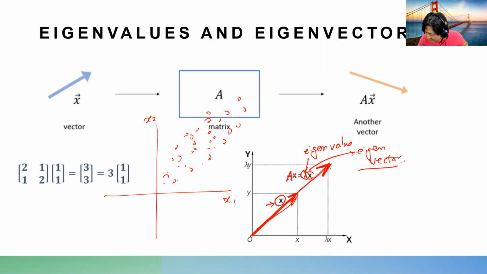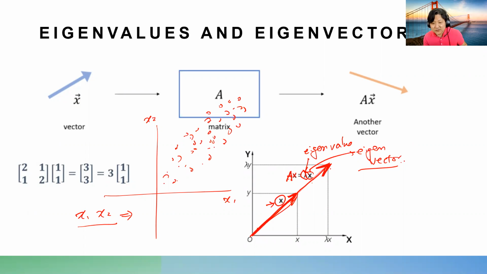How many variables do we have? X1 and x2, right? Let's say we want to reduce the dimension from 2 dimensions to 1 dimension.